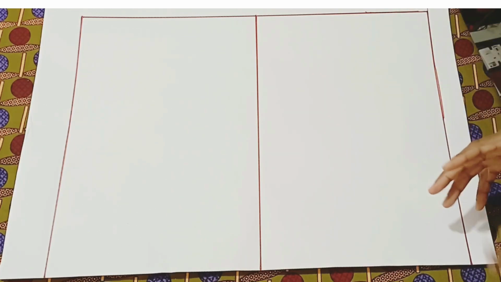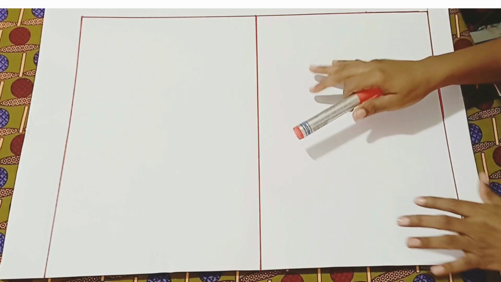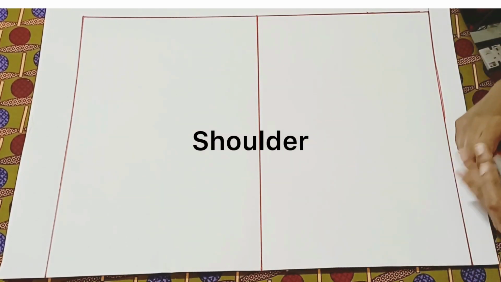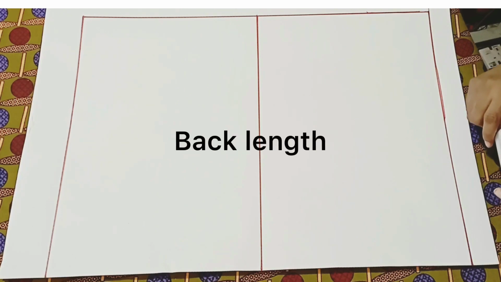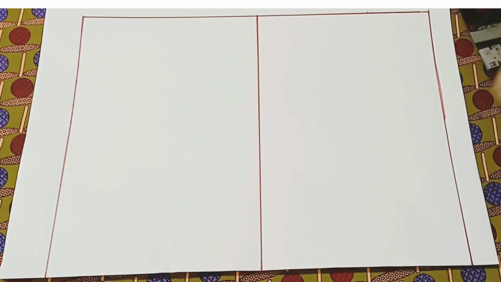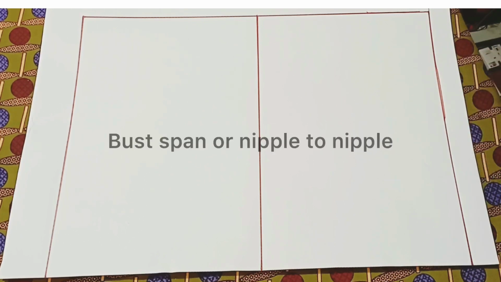In this video today, I'll be showing you how to draft your basic bodice block for any female, any woman and any lady. The measurements required for this basic bodice block are the shoulder measurement, your bust circumference, your front length measurement, your back length measurement, your bust point measurement, and your bust span measurement.